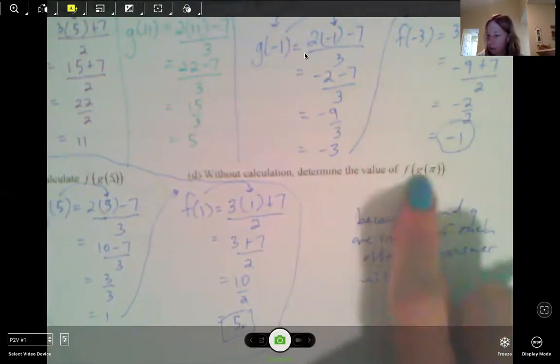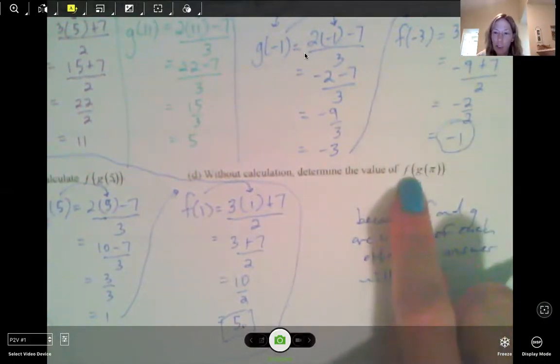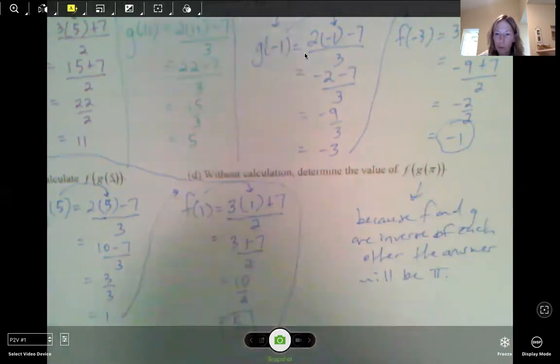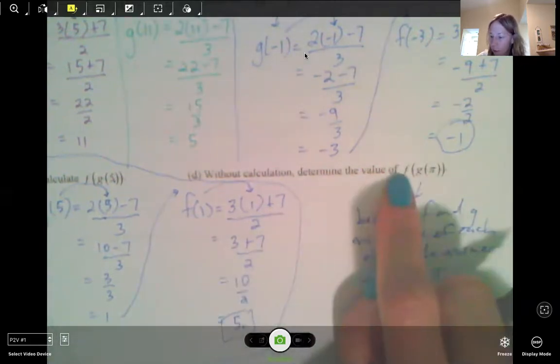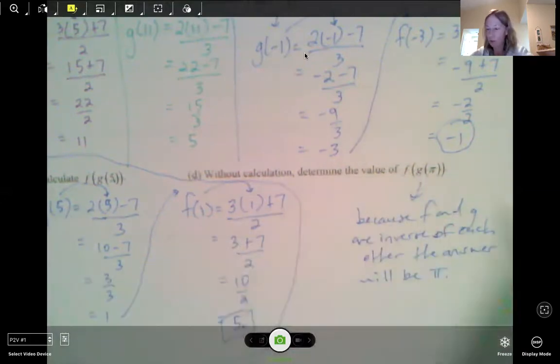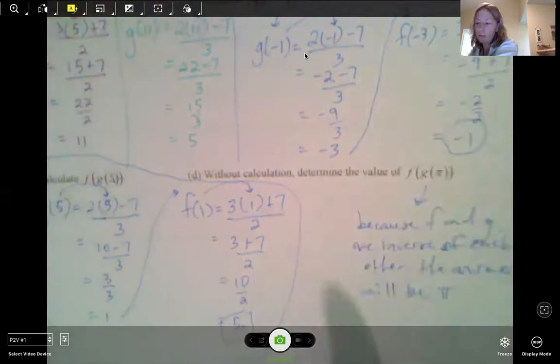And this could say f of g of anything. As long as f and g are inverses of each other, whatever value we're plugging in initially will be the value we get out in our final output. So this could be f of g of star, and the answer would be star. Or f of g of heart, and the answer would be heart. Hopefully that's not confusing you more, but hopefully that makes a little bit of sense.